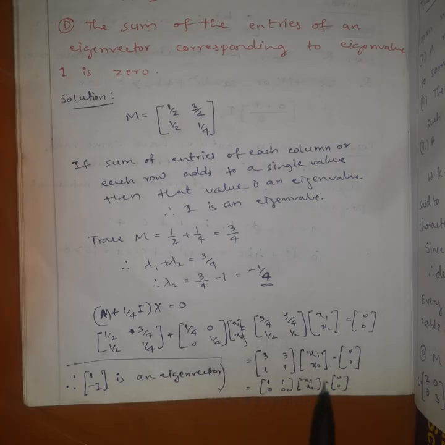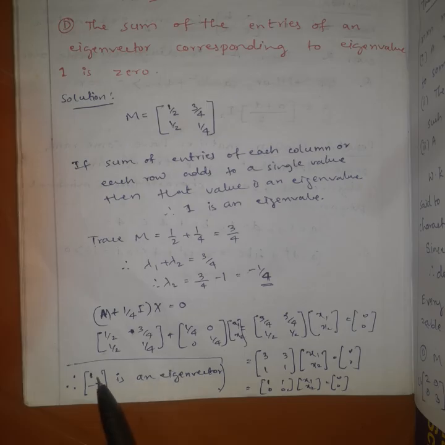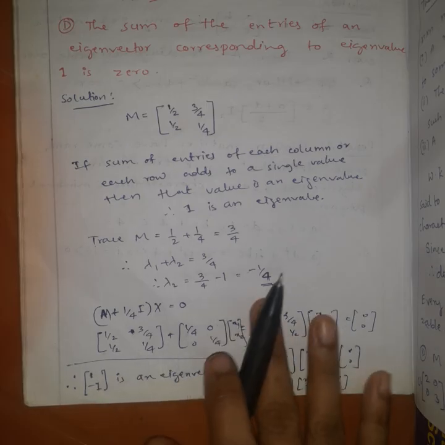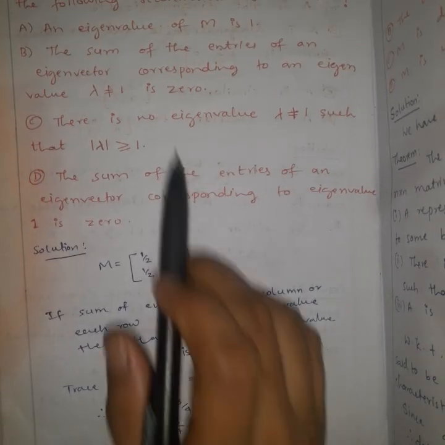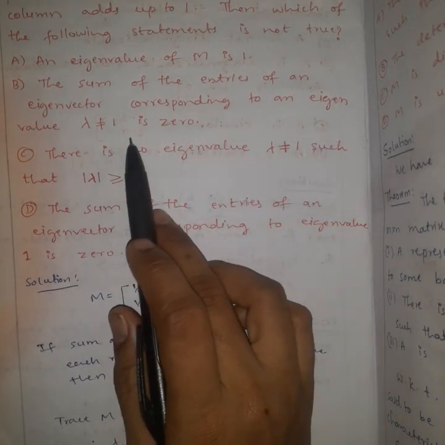After the calculation, I got 1 comma minus 1 as an eigenvector corresponding to lambda equal to minus 1 by 4. If I add the entries of this eigenvector, I got 0. Therefore, the sum of the entries of an eigenvector corresponding to an eigenvalue lambda not equal to 1 is 0.